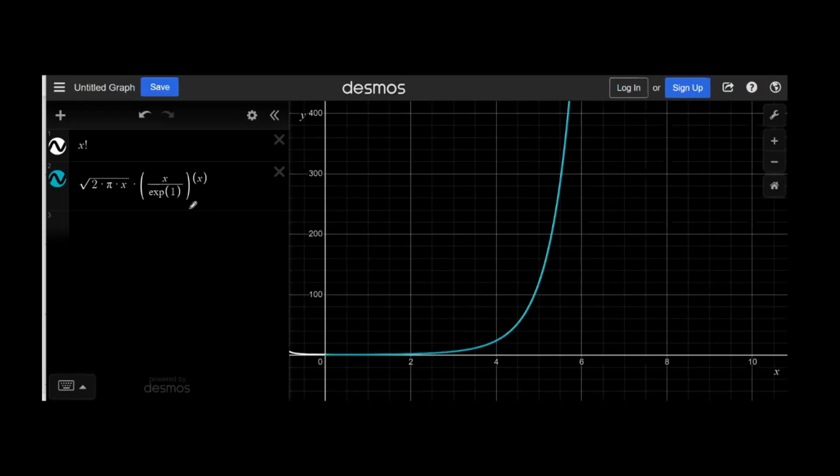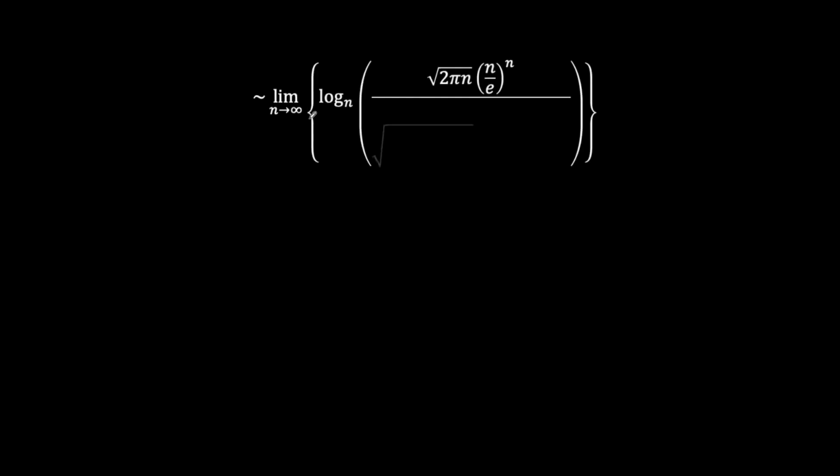So we can use Stirling's approximation to now replace the factorial terms. So in other words, our problem now approximates to the limit of n tending to infinity of the log to the base n of square root of 2 pi n times n over e to the power n in place of n factorial, and in place of the 1 over 3 plus n quasi-factorial, we could use the same.